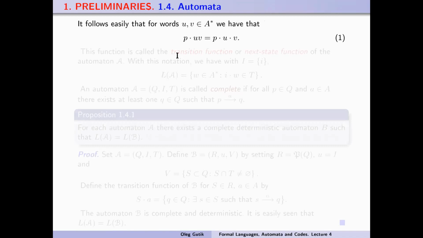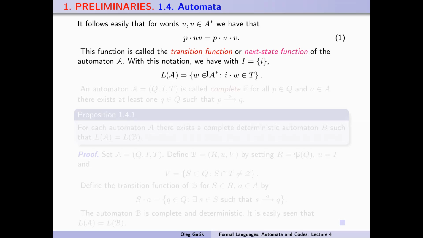It follows easily that for words U and V over the alphabet A capital, P multiply the word UV is equal to P multiply U multiply V. This function is called the transition function or next state function of the automaton, or in other terminology, the transition map.